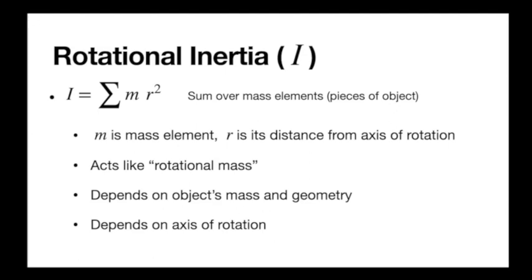So one term of I is this mass times r squared. This arm here has the same distance r away and the same mass, so we have m r squared of this arm plus m r squared of this arm. Then finally we'll add on this mass element too, the back of the chair, which has its own mass and distance r away. We just add all those together. And so we can see that the mass of an object is important, but also the arrangement of it is important.